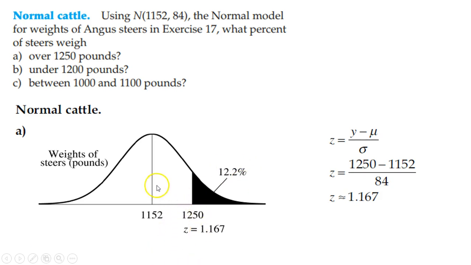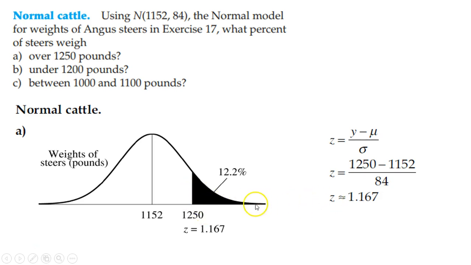However, just so you can see how this works otherwise, you could go with 2nd Vars and click normalcdf. Because I want to know from 1250 up, I could just do 1250 without doing the z-score, up to an exorbitant number again that's way out here. We're talking about pounds, so if you did something absurd like 100,000 pounds, you're not going to have a steer that's that absurd.